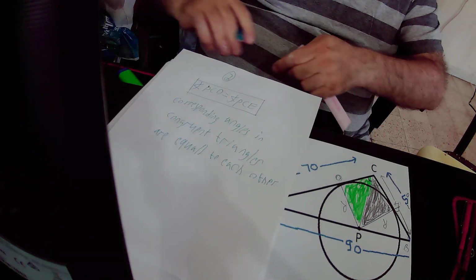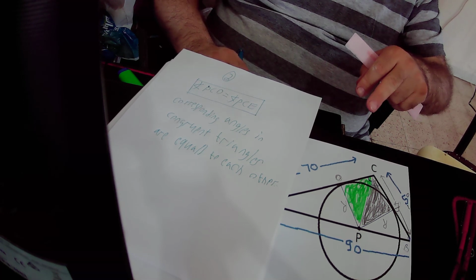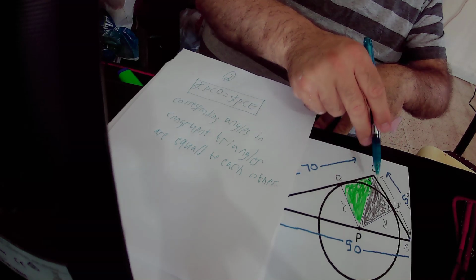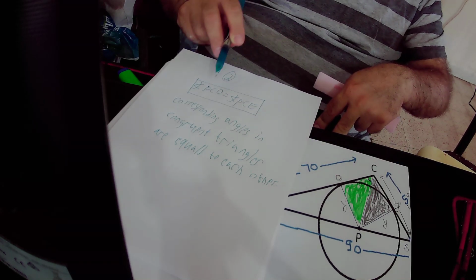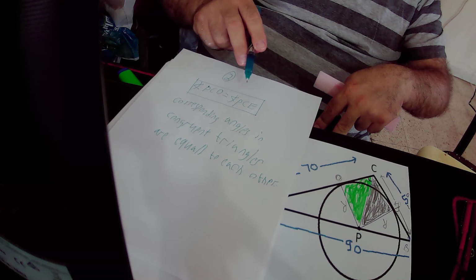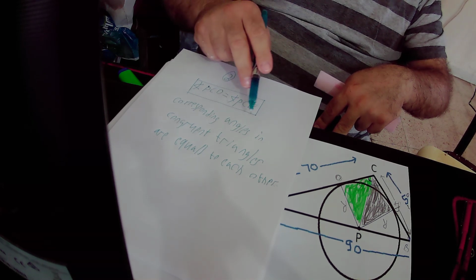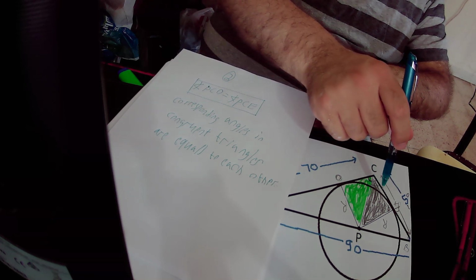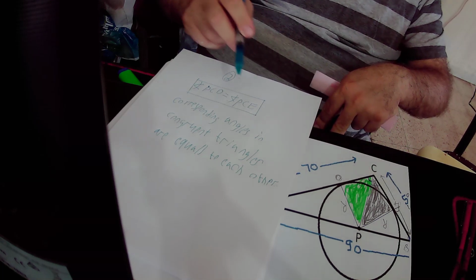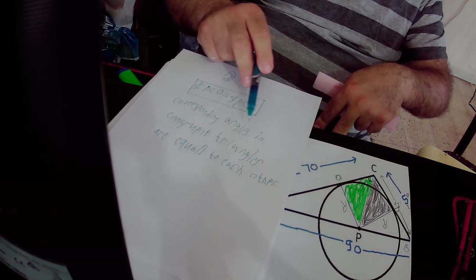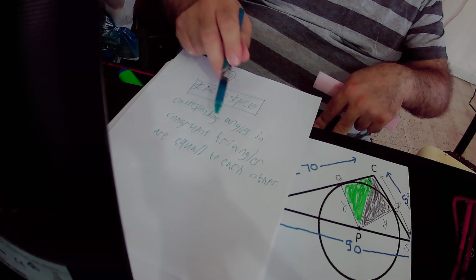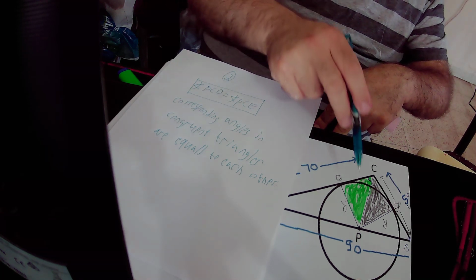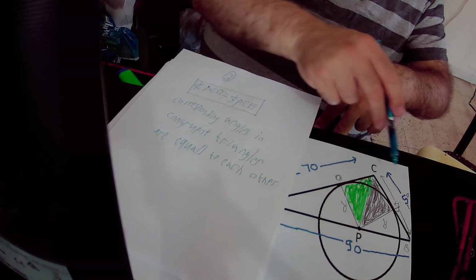Again, corresponding angles. Angle PCO corresponds to angle PCE. The green triangle is congruent to the black triangle, so corresponding angles in congruent triangles are equal to each other. For this reason angle PCO equals angle PCE.